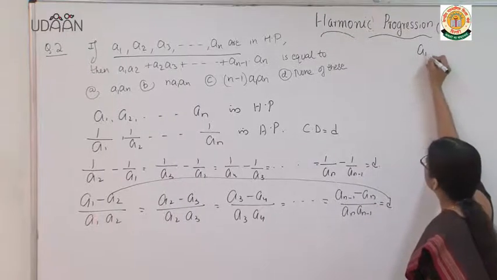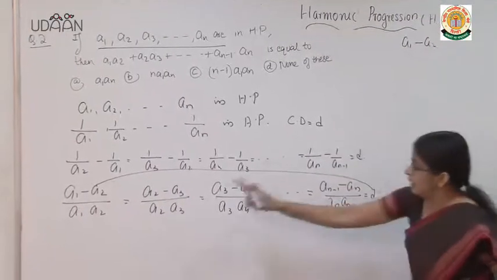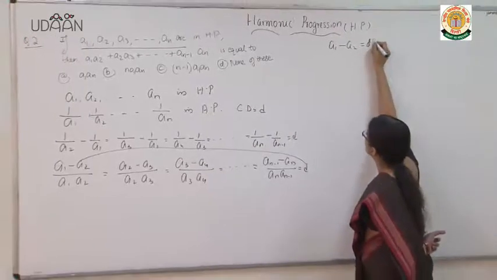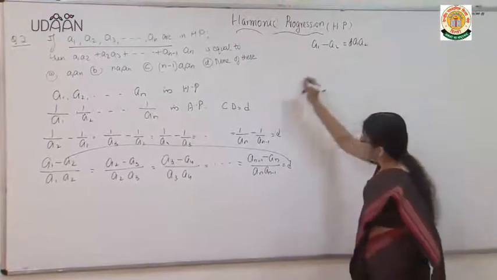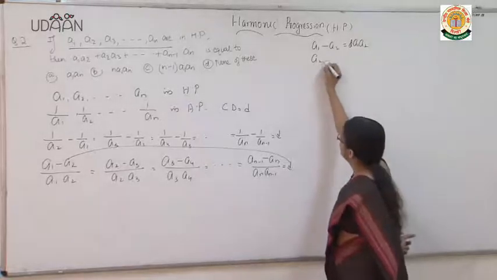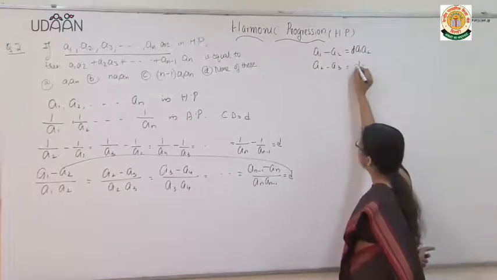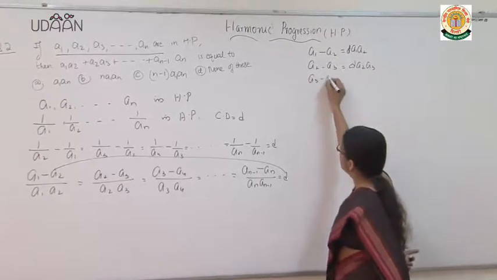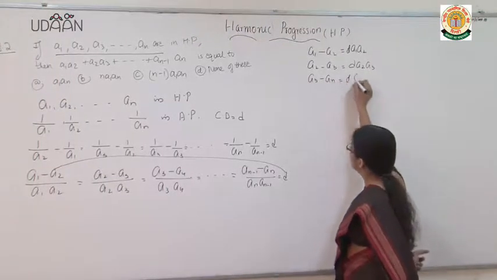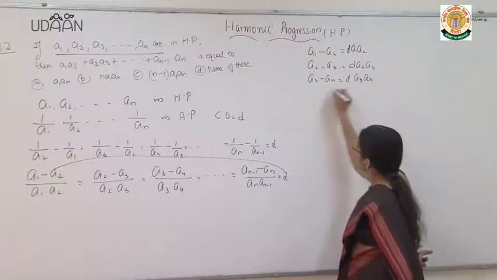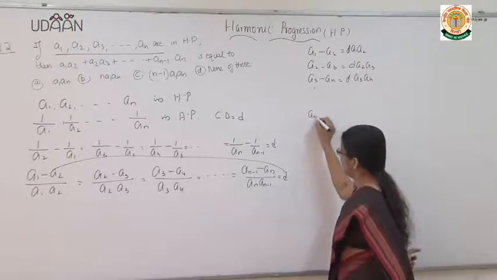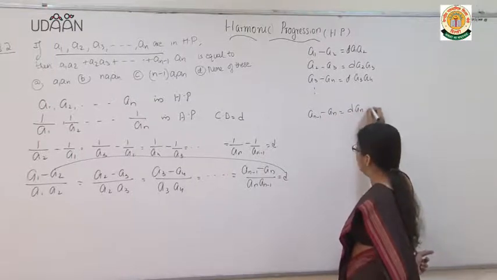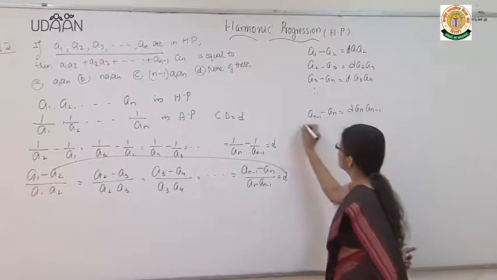What will be the value of A1 minus A2? A1 minus A2 equals D times A1 A2. Similarly, A2 minus A3 will be D times A2 A3. A3 minus A4 equals D times A3 A4, etc. An minus 1 minus An equals D times An minus 1 An.